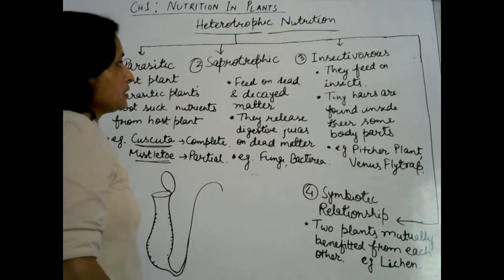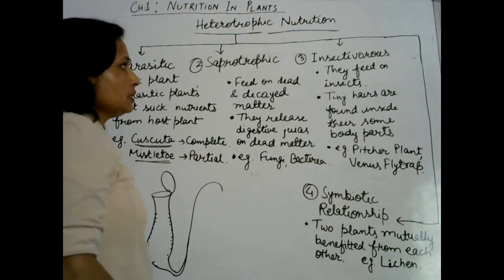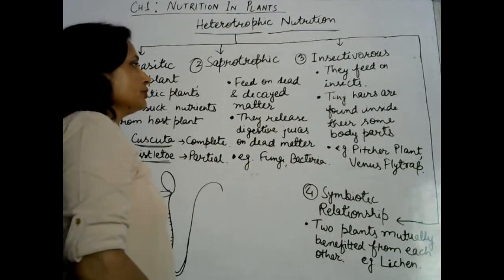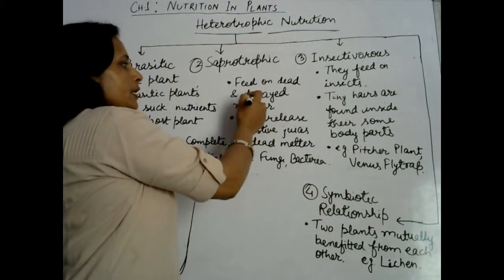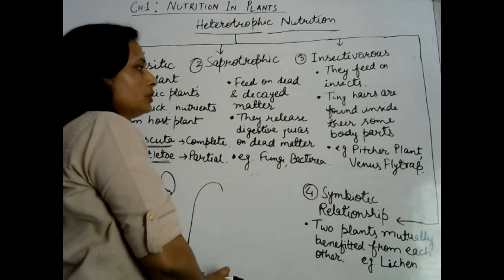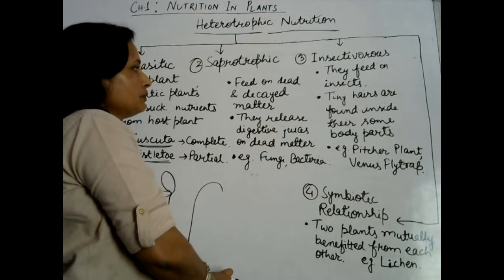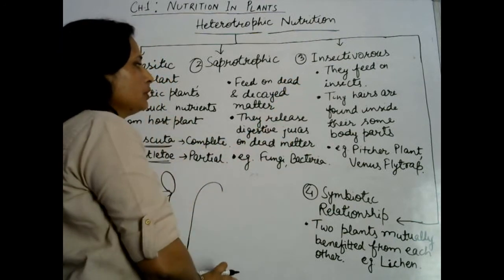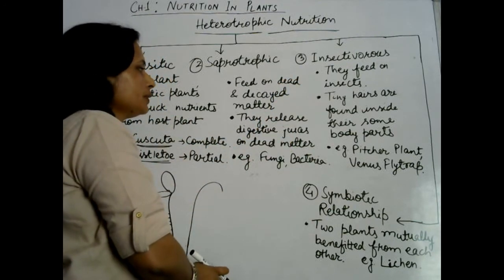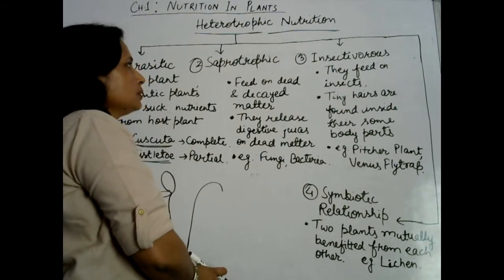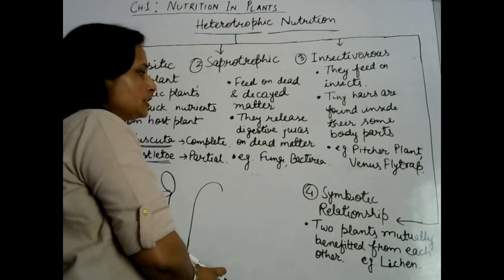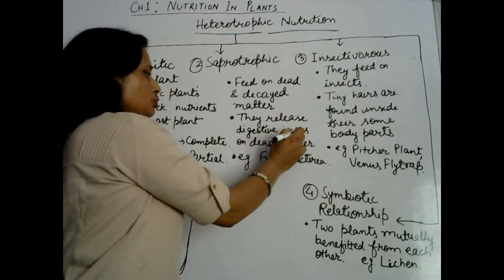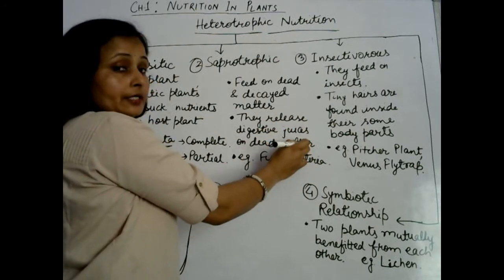Now the next one is saprotrophic mode of nutrition. In this mode, the organisms feed on dead and decayed matter found in the atmosphere, on the soil, or anywhere. There are a few microorganisms which get their food by releasing digestive juices on dead and decayed matter.